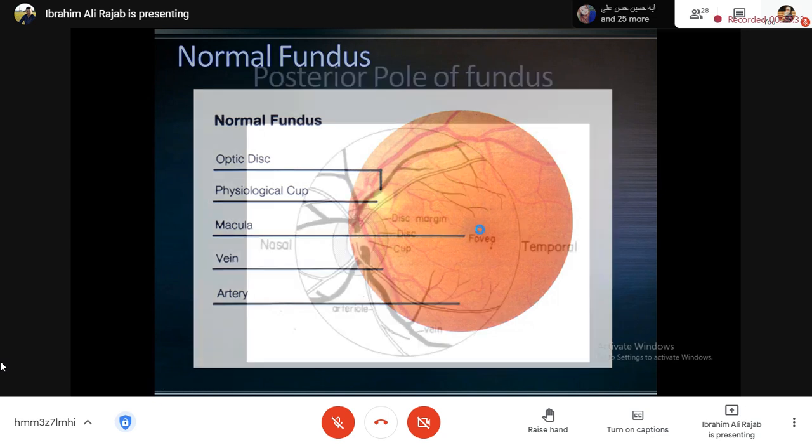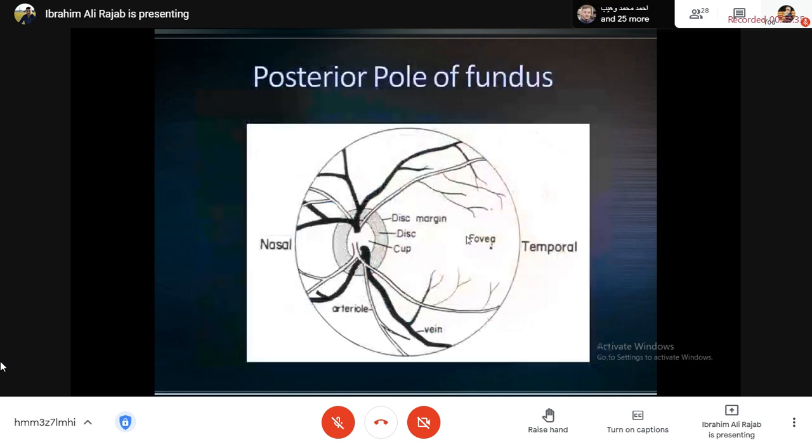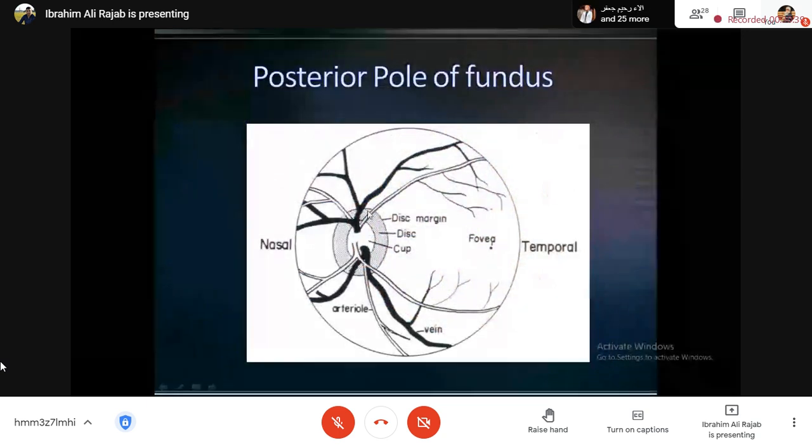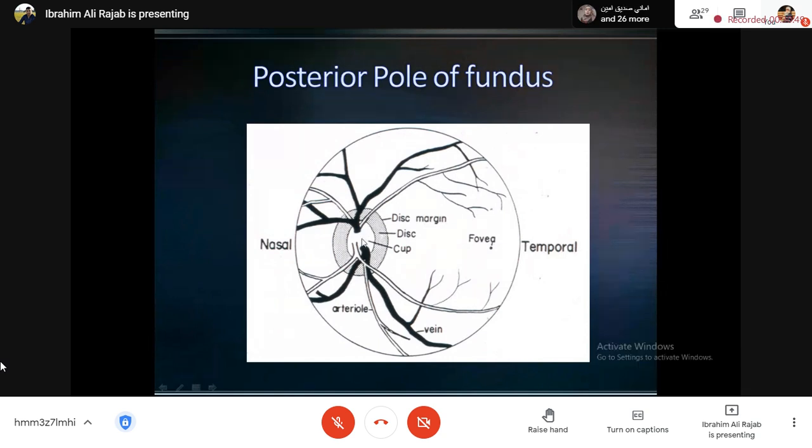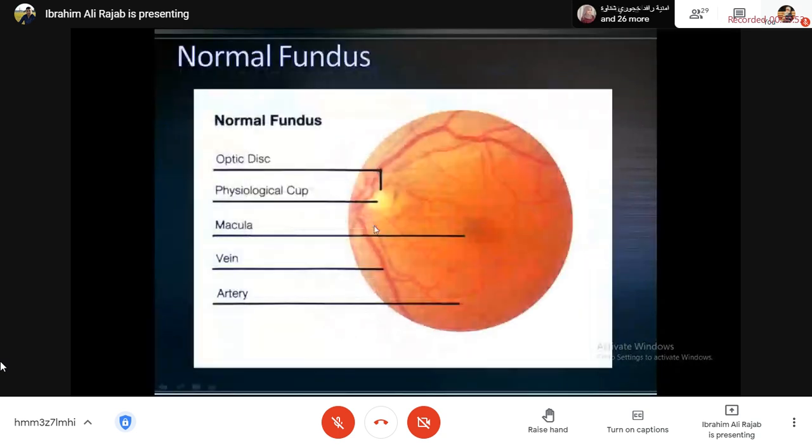So this is an illustration of the fundus. We have two parts of the disc, the rim and the cup. Why do we have this distribution, the shape of what's called the cup and the rim? You know that the optic disc is the beginning of the optic nerve. The optic nerve is formed by the nerve fibers coming from all over the retina.